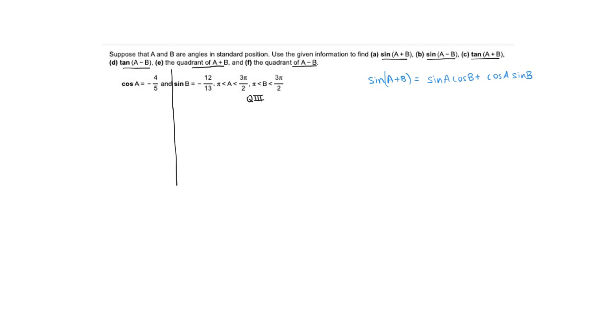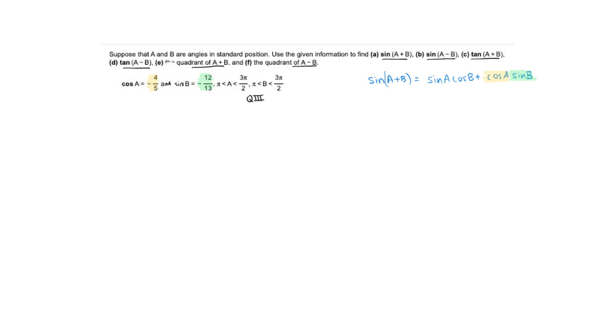So let's see, here I have cosine of a, so I can plug that in here. And then I also have sine of b, so I can plug that in there, but I don't have the values for sine of a or cosine of b. So I need to find those. So let's go ahead and work that out.